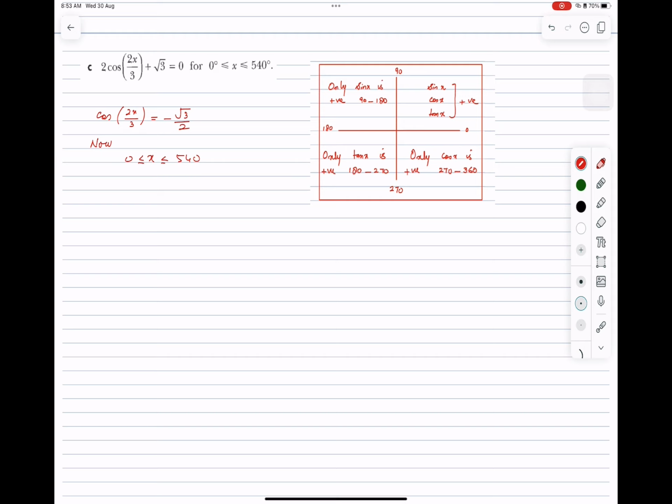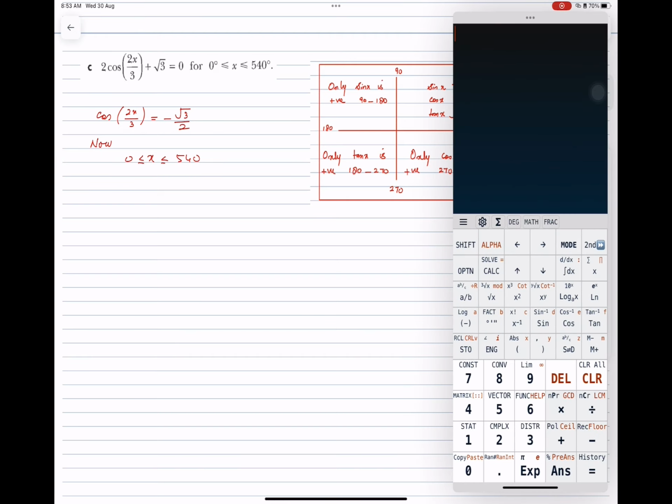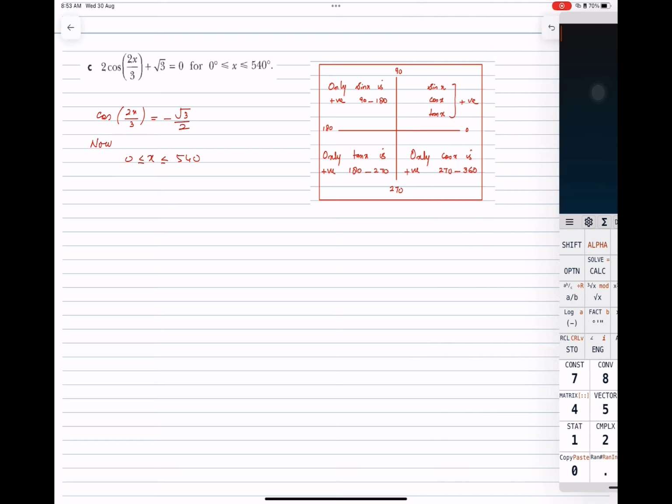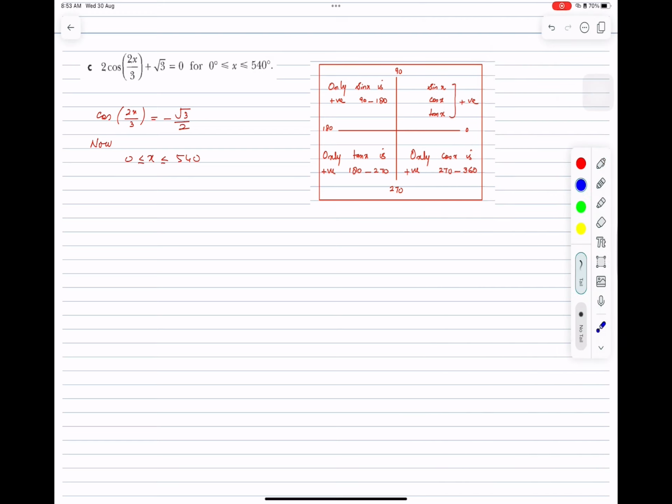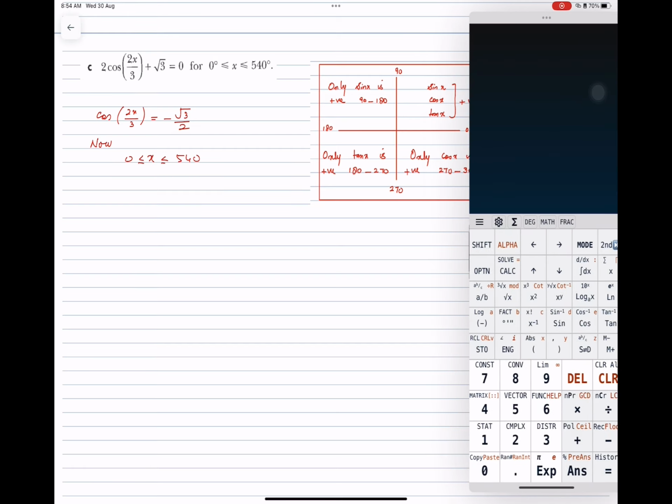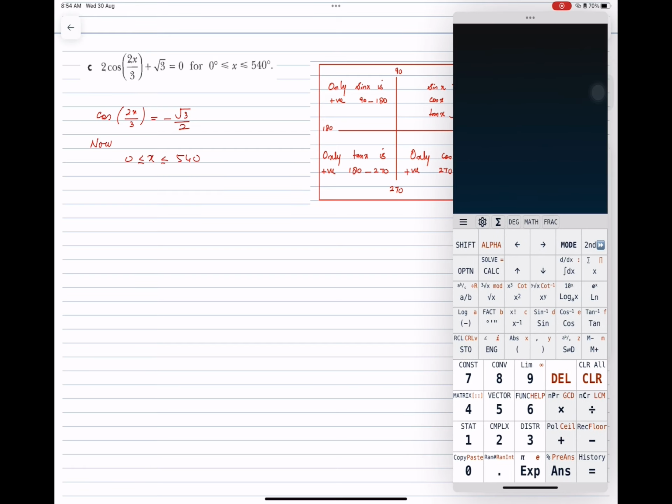Since the domain varies from 0 to 540, you will multiply everything by 2 first, because the original domain is for x and we have 2x over 3, so we have to change this. So it will be 0 is less than or equal to 2x, less than or equal to 540 multiplied by 2, which is 1080.